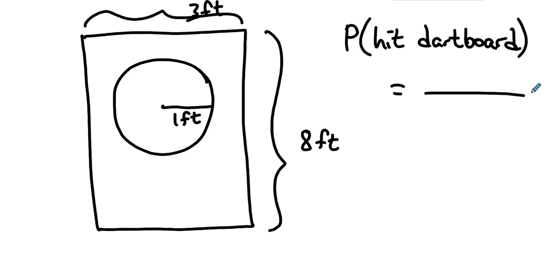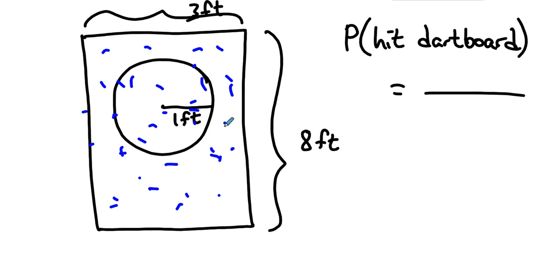We can't exactly talk about favorable outcomes and possible outcomes because literally every point in the whole rectangle is a possible outcome. That's silly. So that's not a good way to think about probability in this case.